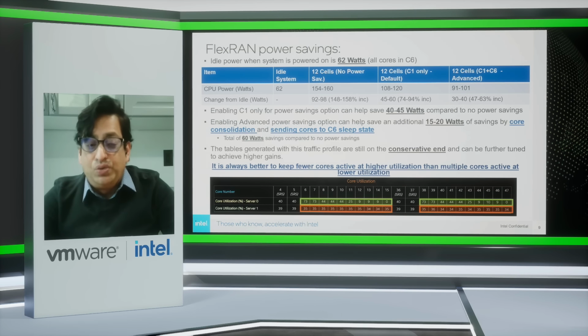And 62 watts of power savings on 160 with no power savings, that's significant for any communication service provider. And what more, Frank said 75% of the energy consumption happens in the RAN. So this is going to be a very viable solution for all our communication service providers. And we look forward to working with VMware this year to bring this to the VMware Telco Cloud environment. And I'm sure Valentin is going to touch more on all of this in his session. Over to you, Valentin.